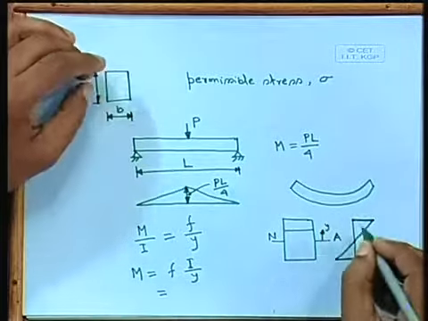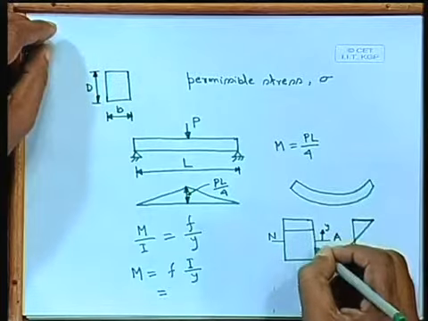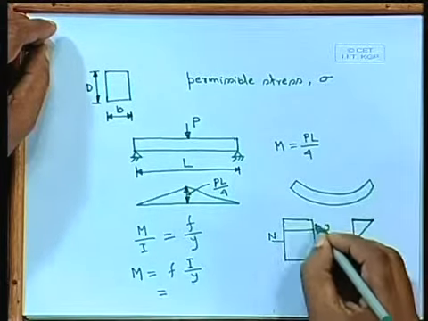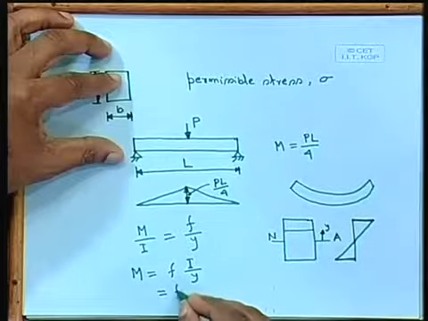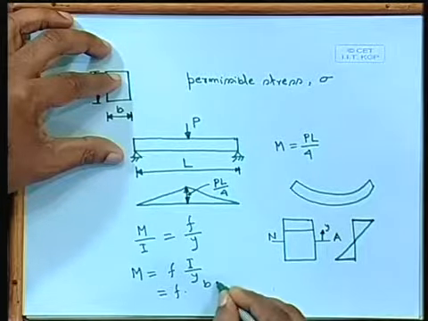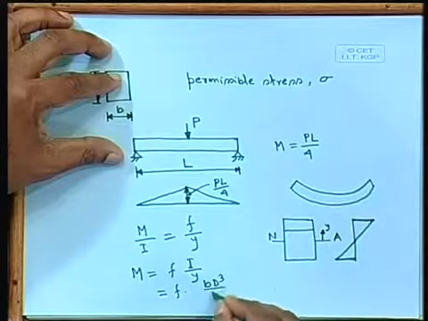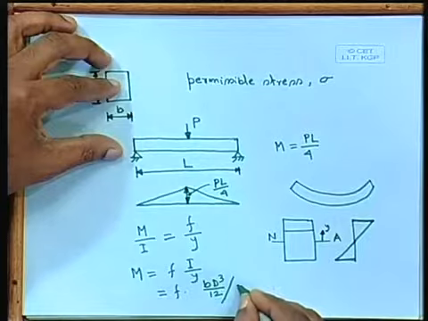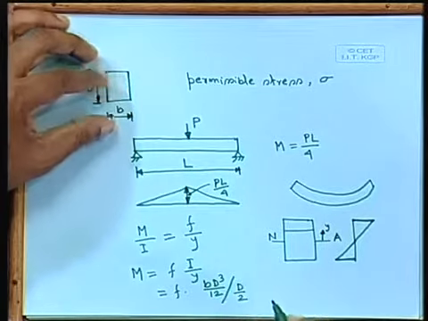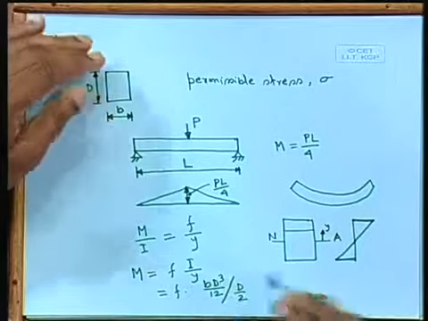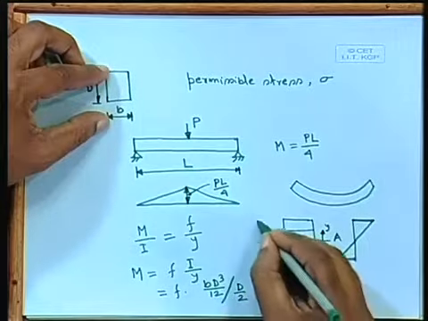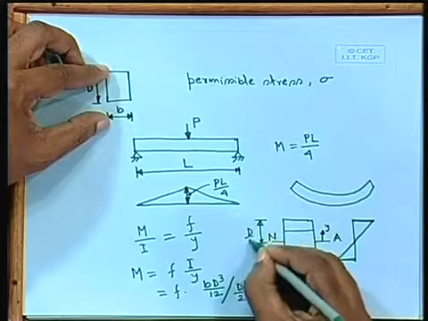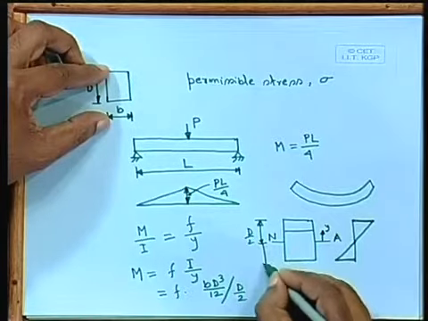If we consider at the top, then F times b d cube by 12, and y is d by 2. Y is d by 2 because we are considering from the neutral axis going to the top, this is d by 2, and similarly here also d by 2.